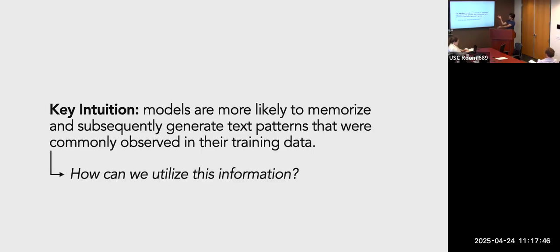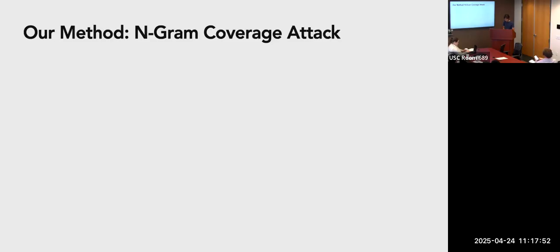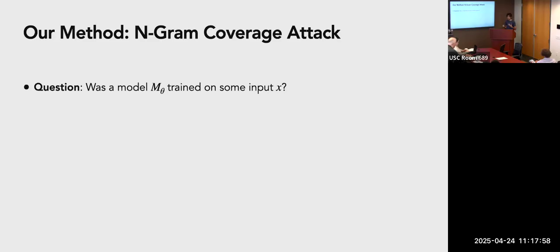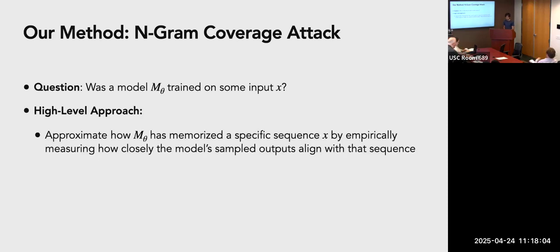So how can we actually utilize this information? I will introduce our method, which we deem the n-gram coverage attack. At a high level, we're trying to understand: was this model trained on some input X? Our high-level approach is to approximate how M sub data has memorized this sequence by empirically measuring how well the model's sampled outputs align with that sequence.